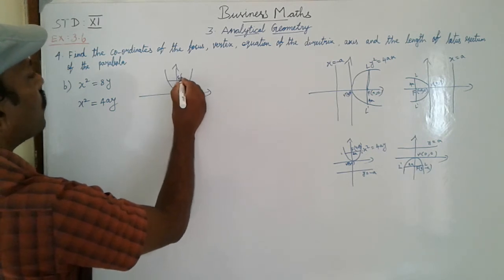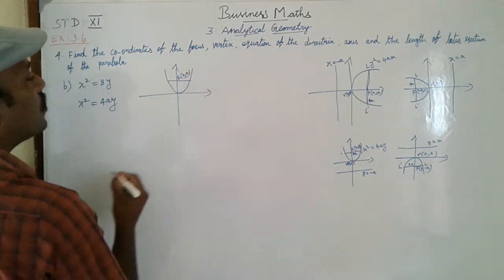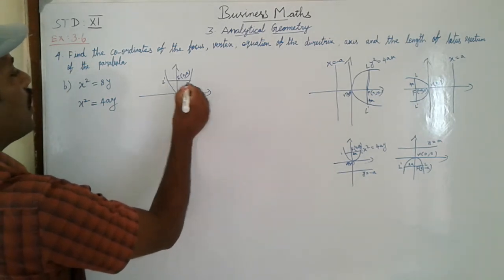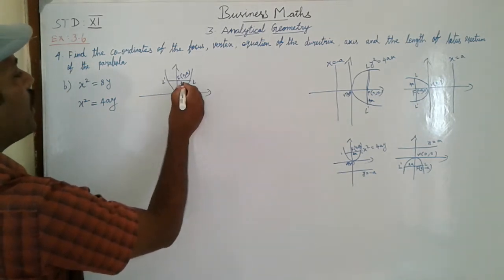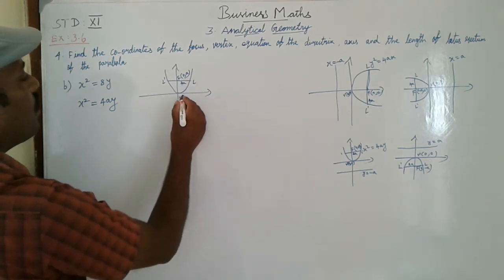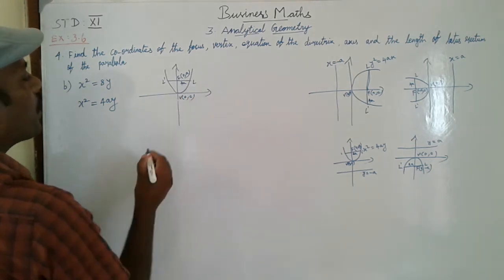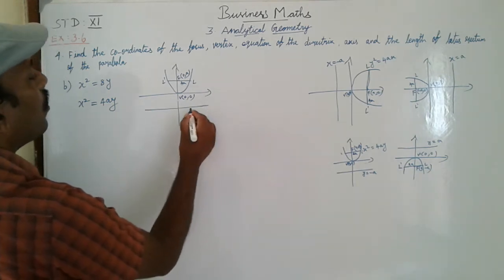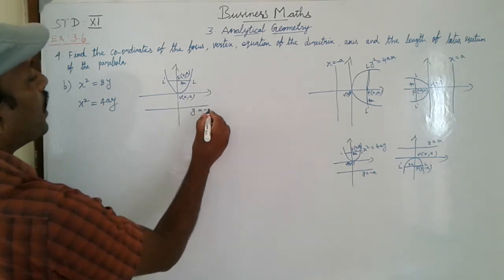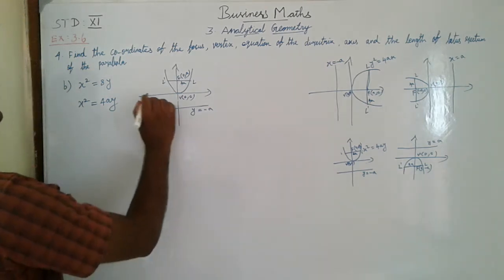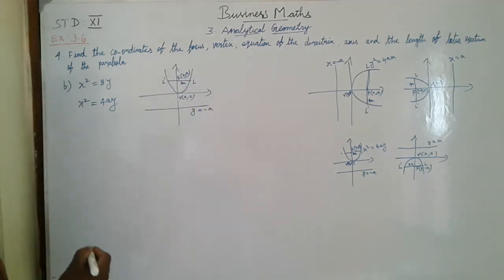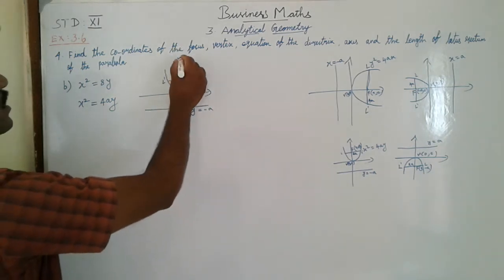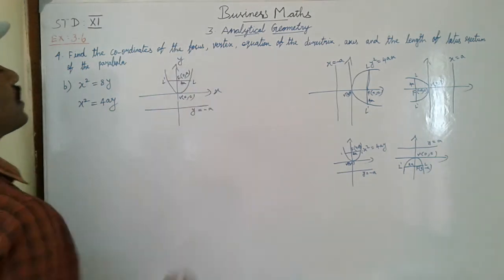Focus F of 0 comma a. Latus rectum L dash is 4a. Vertex V of 0 comma 0. Directrix y equal to minus a. Its major axis is the y axis.